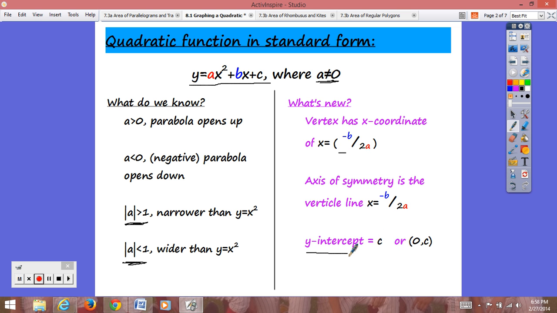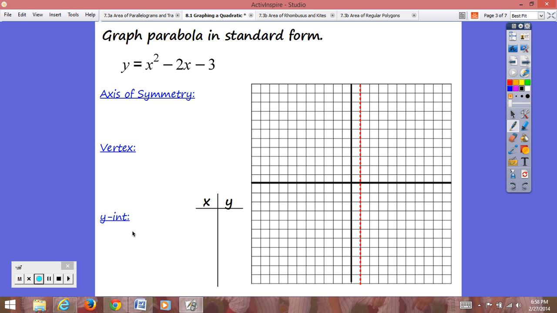And lastly, our y-intercept is just equal to c. So from our standard form equation, our y-intercept is c, and it is always at the point with the x-coordinate 0, y-coordinate of c.